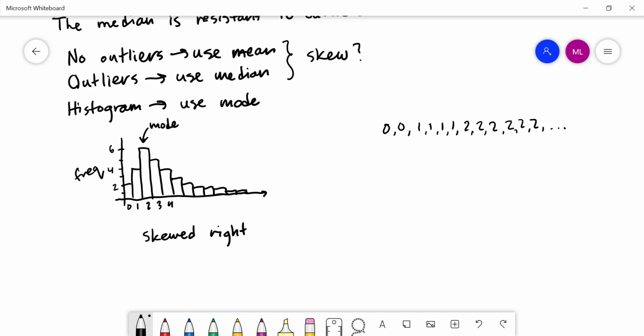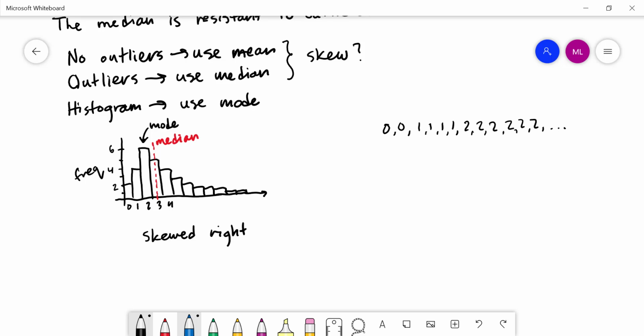But I do know that visually, if the median is maybe right here, let's just guess. I'm not saying this is exactly where it is. I'm just saying, for the sake of argument, let's pretend this is where it is.